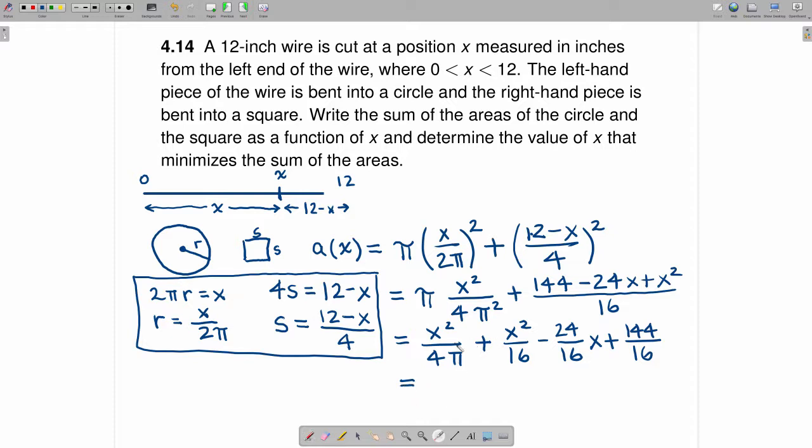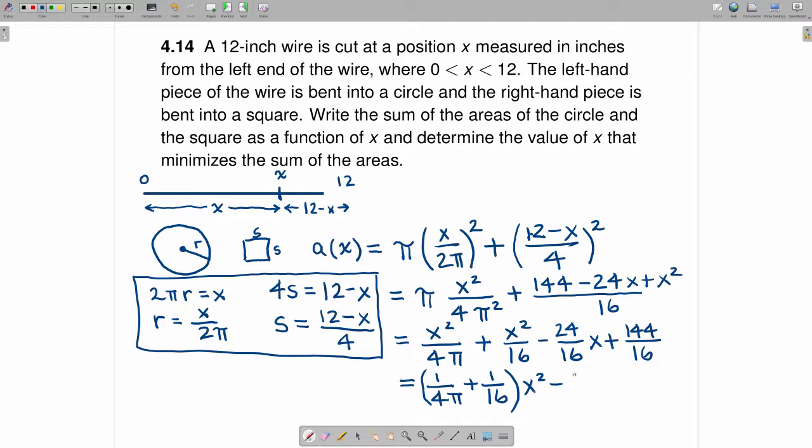You will recognize this as a quadratic. We have an x squared term, and then we have a linear term, and then we have a constant term. The coefficient of the x squared term is going to be 1 over 4 pi plus 1 over 16, multiplied by x squared. When you look at 24/16, both of those are divisible by 8.